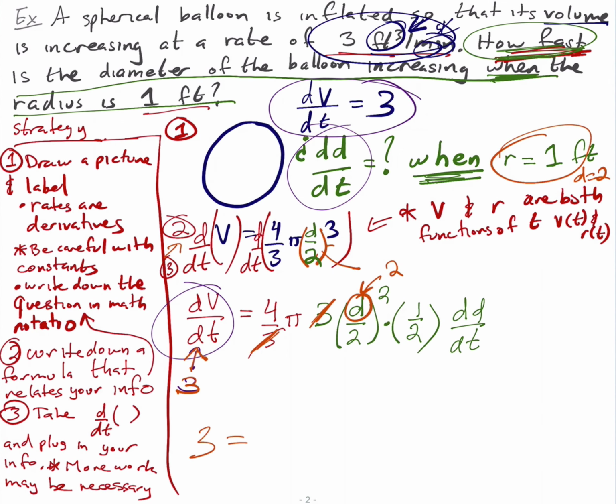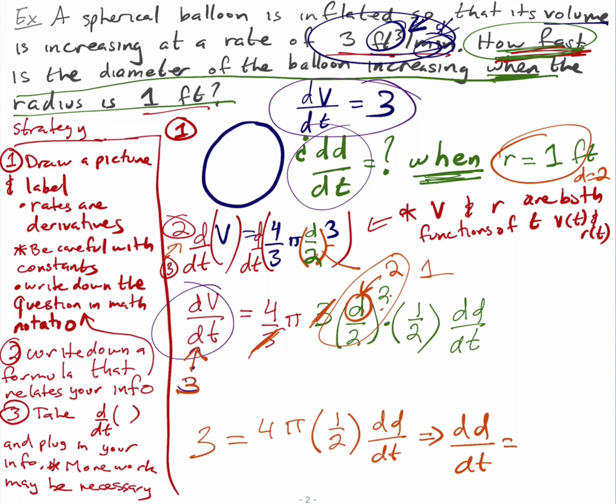So 3 is equal to 4 pi. I've got 2 over 2, which is 1. 1 squared is the number 1, right? Times 1/2 dd over dt. So this implies that dd over dt equals 2.